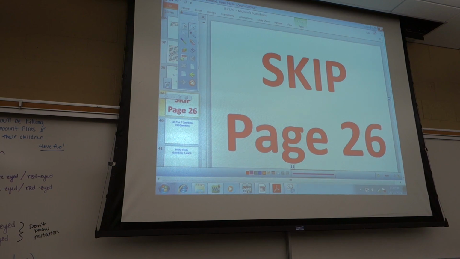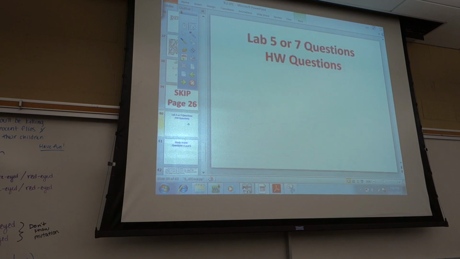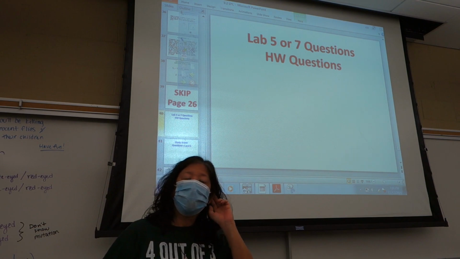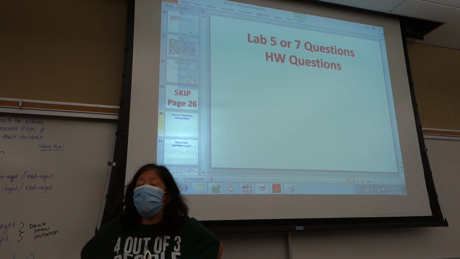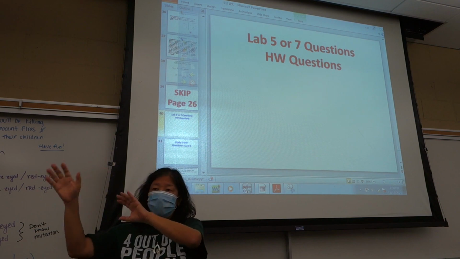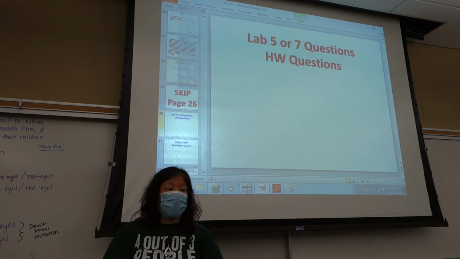So the next question is, do you folks have any lab 5 or 7 questions or any homework questions before I go into a little bit of review? Yeah? In lab 5, how should I find the mu and sigma? Oh, so the mu is you took every value and multiplied by its probability, and you found that in a column.